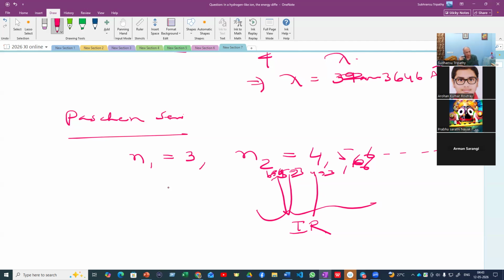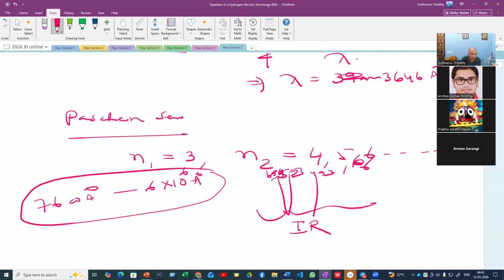It is 7,600 angstrom, the end of visible, to a very high value, 6 times 10 to the power 6 angstrom. So the range is very big. So the first part of IR region will be the Paschen series.